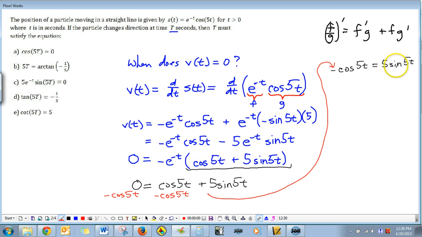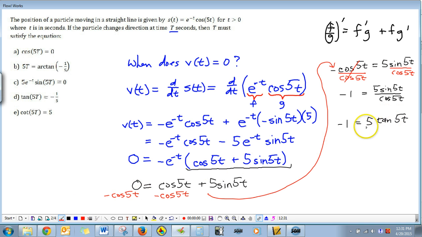Alright, so sine over cosine is tangent. So if I was to divide both sides by cosine of 5t, I would get negative 1 equals 5 sine 5t over cosine of 5t, but sine of 5t over cosine of 5t is just tangent of 5t.